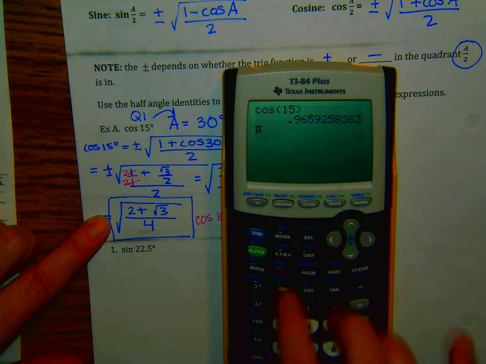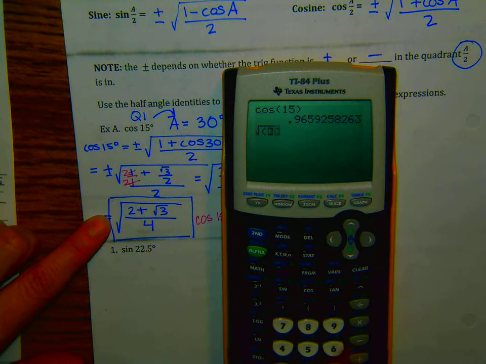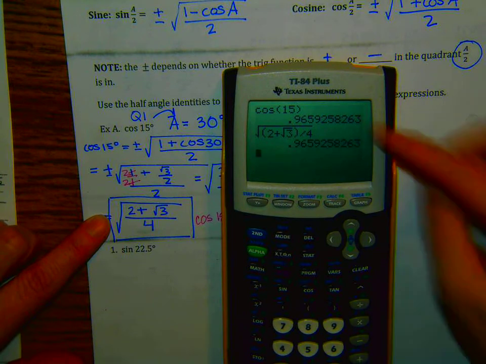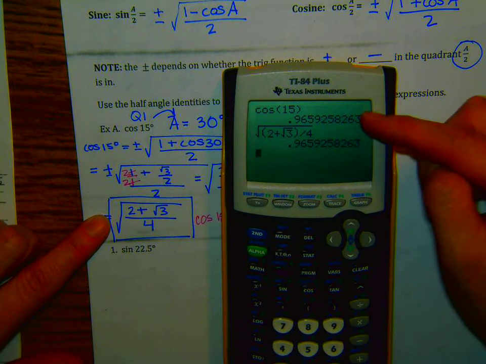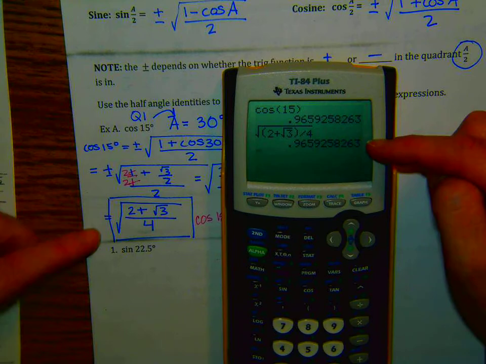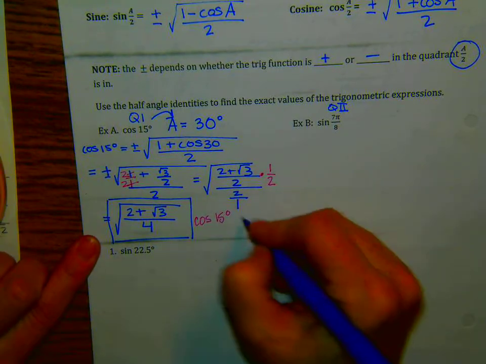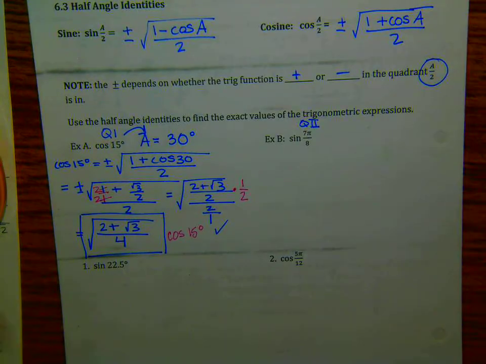Second square root, parentheses, 2 plus second square root, put the 3 under there, move it over, that's the numerator, divided by 4. Now you have that ugly thing, and we're going to enter it. Look, you see that this actually worked. The cosine of 15, we got it. All right, check.